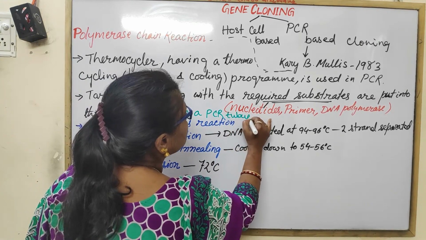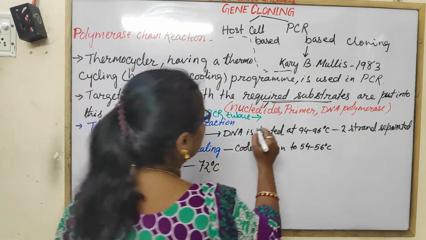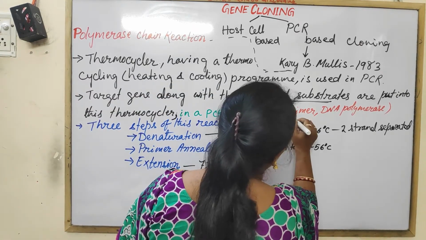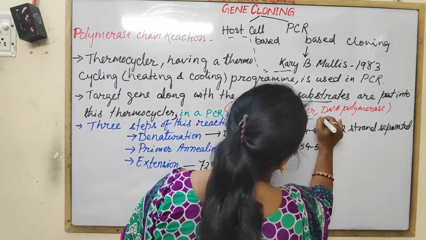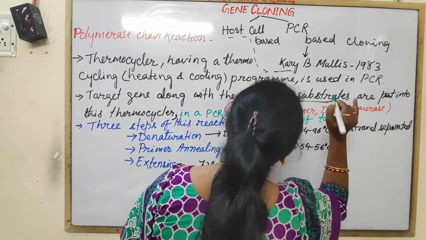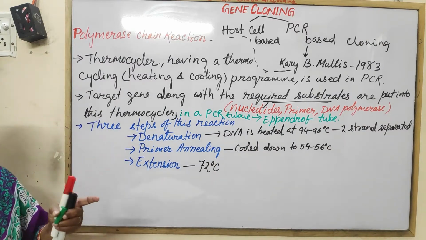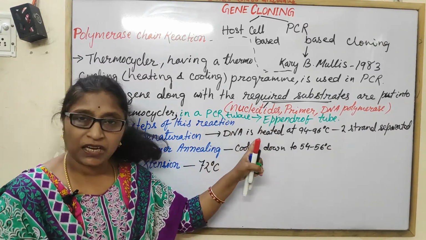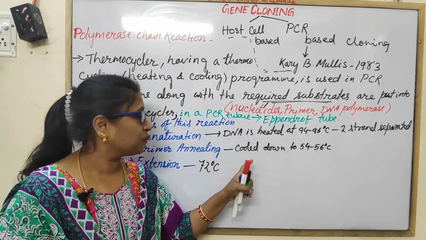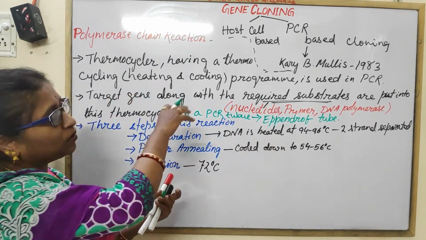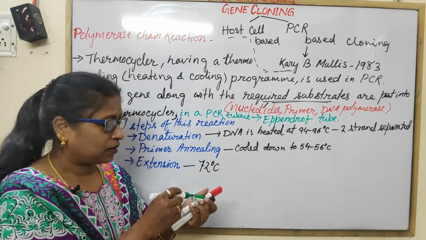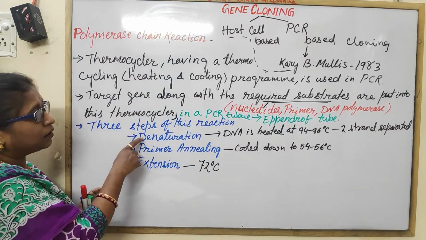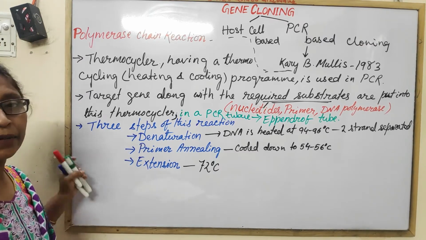It is called an Eppendorf tube. Okay, note it down. Into the thermocycler means what? There is a tube called an Eppendorf tube or PCR tube. In general, it is called a PCR tube. And into this, all the constituents are put. Let us discuss each step in detail with the diagram.